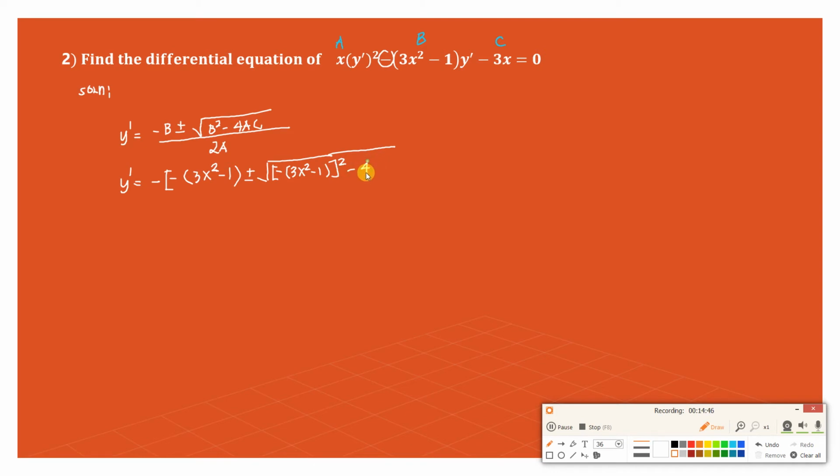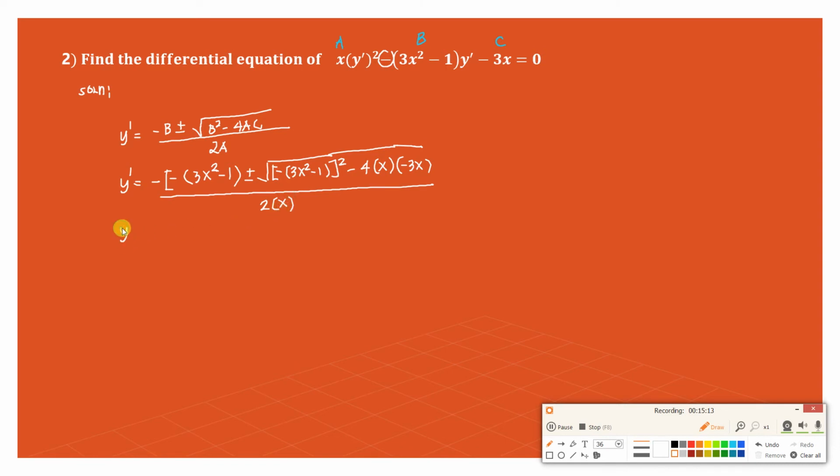Minus 4. Our A is x and C. So, our C is negative 3x. Tignan natin. Over 2a. 2 times a, which is x.